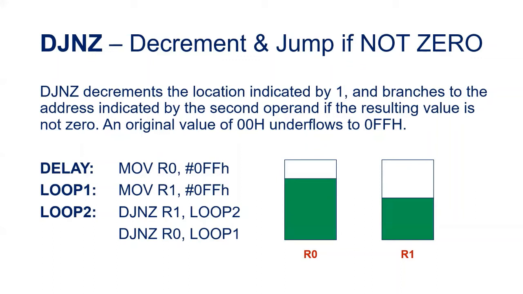Halimbawa na lang, the 8051 microcontroller is operating at 12 megahertz frequency. 12 megahertz is equivalent to 12 million cycles per second, hypothetically. So in short, kung magpapa-blink tayo ng LED, magbi-blink siya ng 12 million times in 1 second.